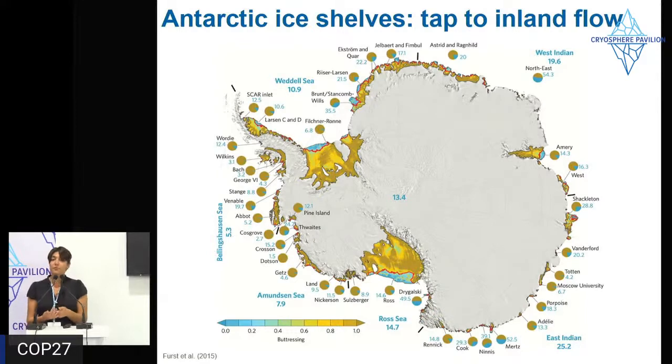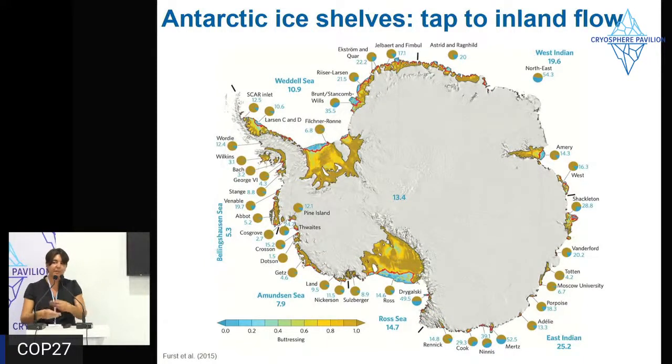If we disintegrate those platforms, it's like removing a tap, and the ice flow accelerates, and there is a huge discharge from the inland flow until the ice sheet in this sector reaches a new equilibrium and stabilizes again. And it forms a new tap, a new ice shelf, until it disintegrates again and allows the flow to accelerate, increasing the discharge and sea level rise contribution, and then stabilizes again.